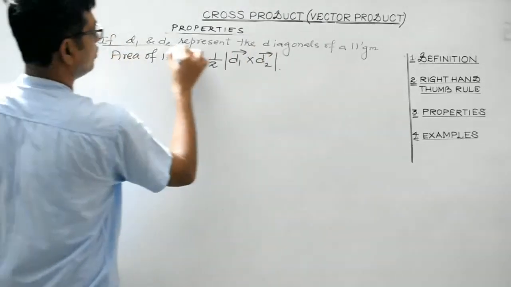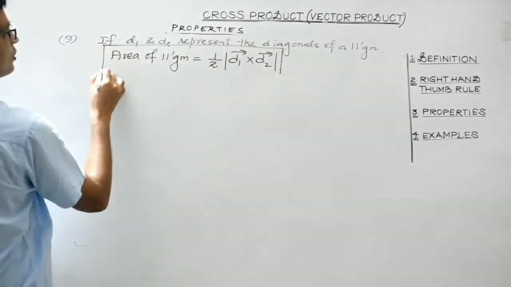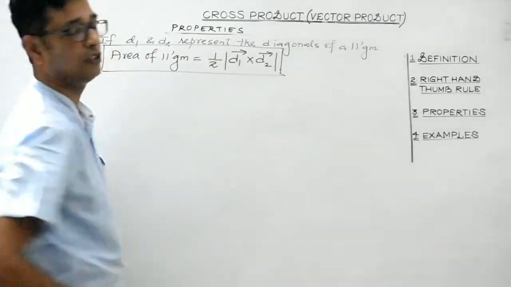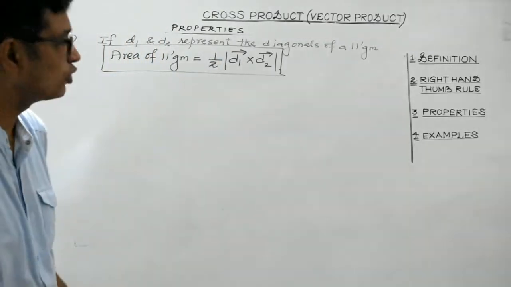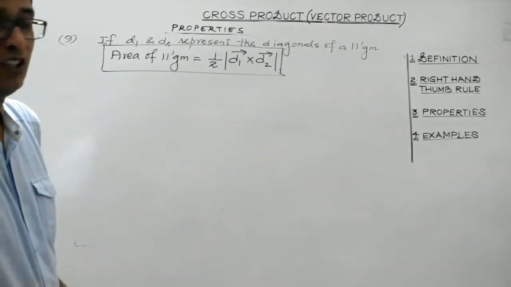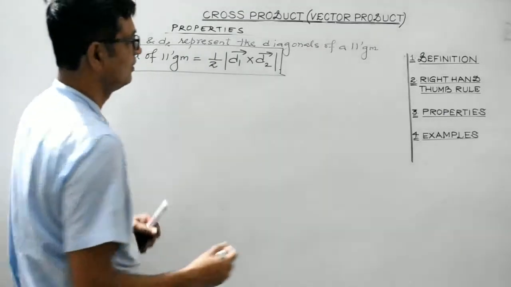This is what we need to prove. This is again a very important result which we can make use of in solving numericals associated with it, right? So let's try to verify this result.